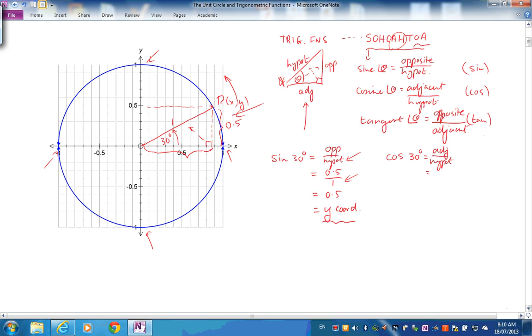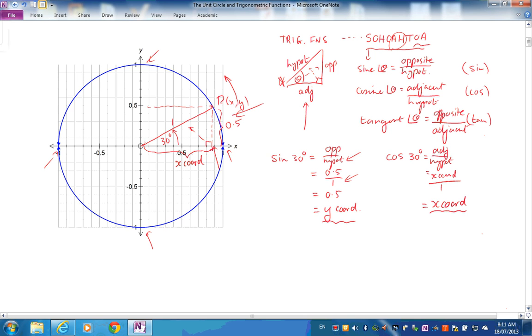And how far is that? We can't read this exactly. It's a decimal, but it's the x-coordinate, isn't it? So this one is the x-coordinate over the hypotenuse, because it's a 1 unit radius circle, it's 1. This is interesting. In a unit circle, the SOHCAHTOA stuff becomes a lot easier.